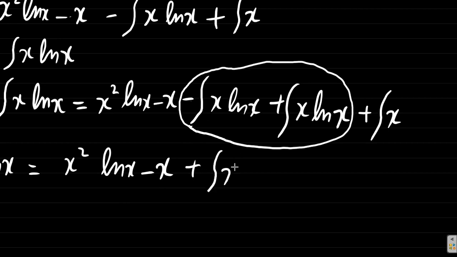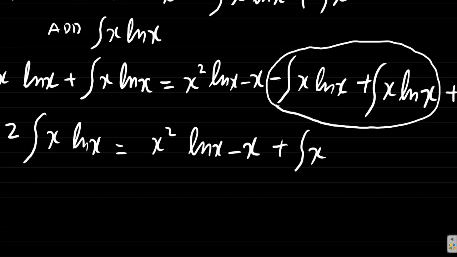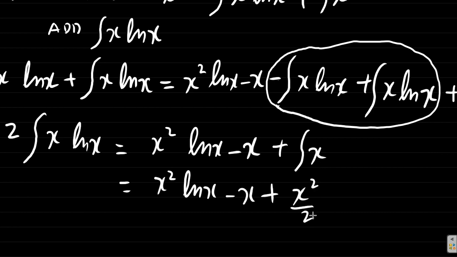Plus the integral of x. Now, over here, you have x squared ln x minus x plus, what is the integral of x? It is x squared over 2. In other words, half x squared. See that?